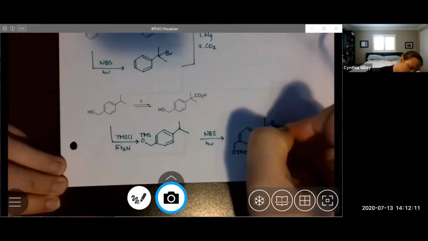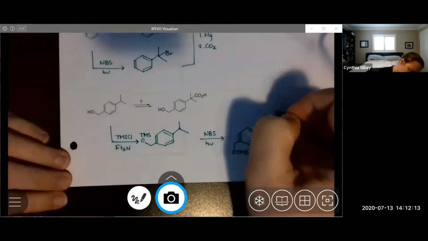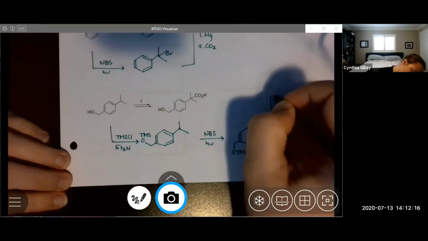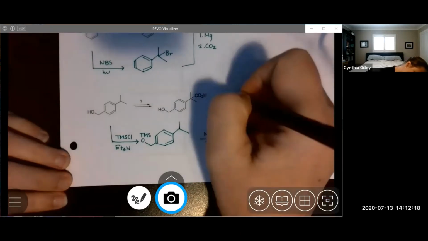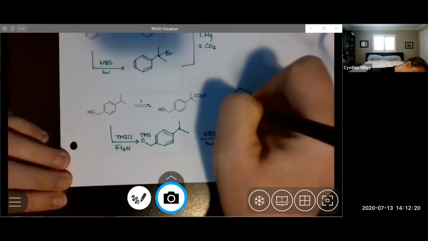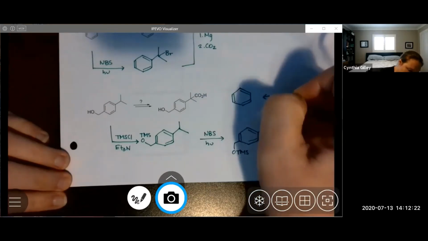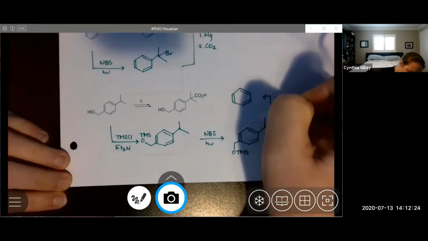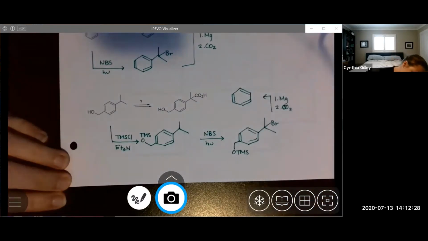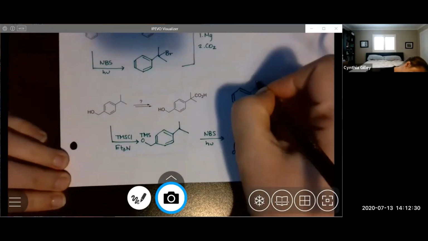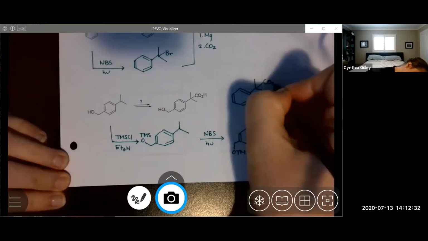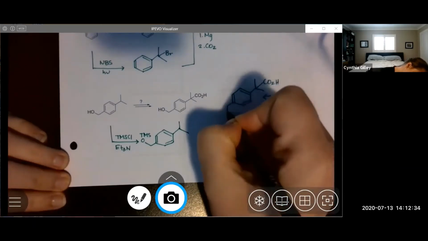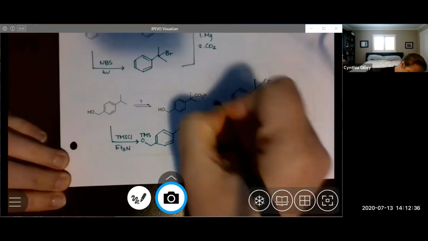Add the bromine. Do the Grignard reaction. And then do a deprotection.